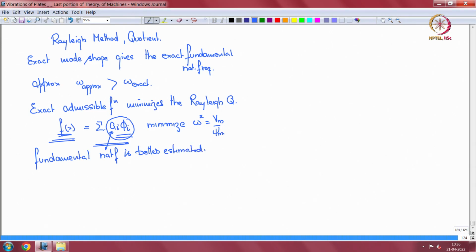However, it turns out that along the way this method provides estimates for higher natural frequencies also.